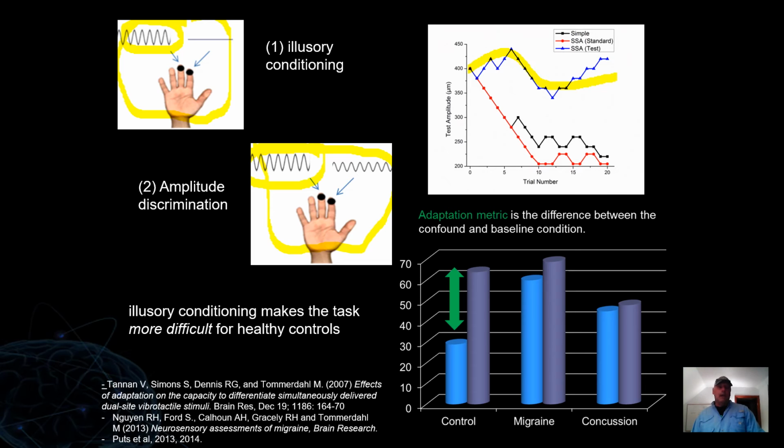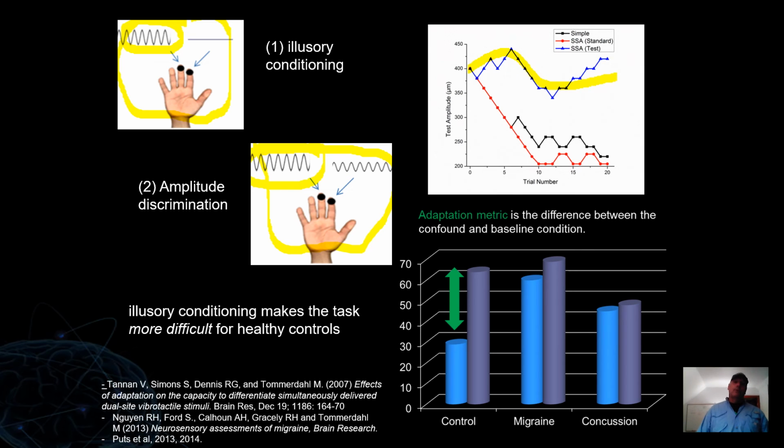In each case, you see the amplitude discrimination task DL in blue, and in purple, what you see is a single site adaptation DL. That's a different difference limen. Those are usually, like for control, much bigger. But the key factor is the green arrow. That is the adaptation metric. What is the difference between those two?